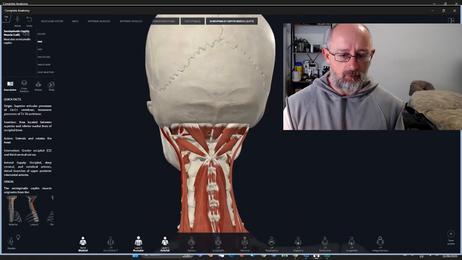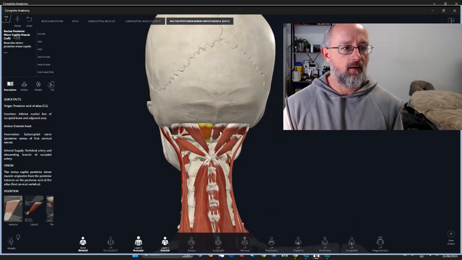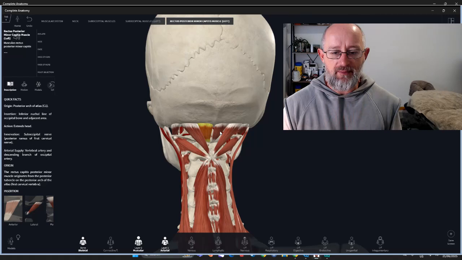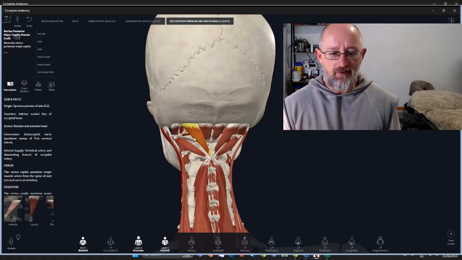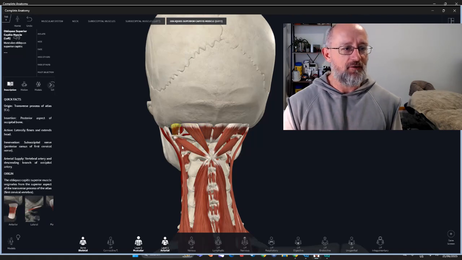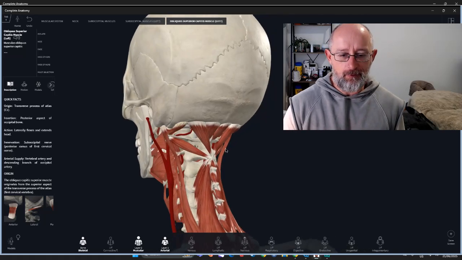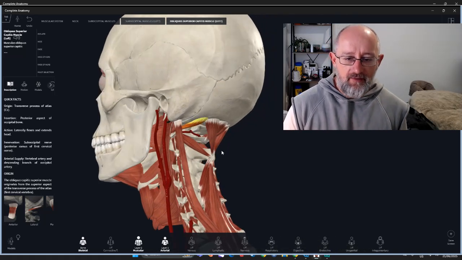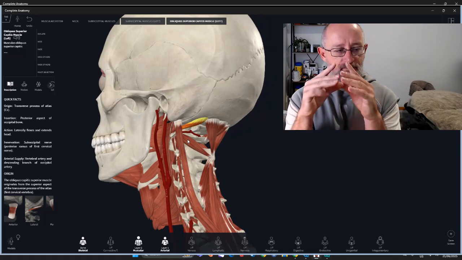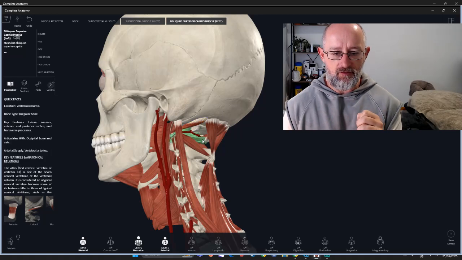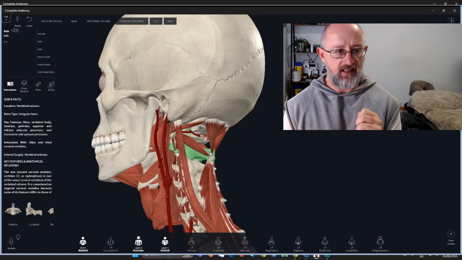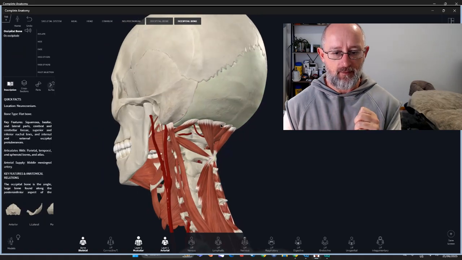So you've got all these little rotation muscles. Okay, rectus capitis posterior minor, the major capitis muscle, what's this one here called? The obliquus capitis superior muscle, and essentially you've got a really tight intrinsic base of muscles going on to C1, C2, and then onto the base of the skull here.